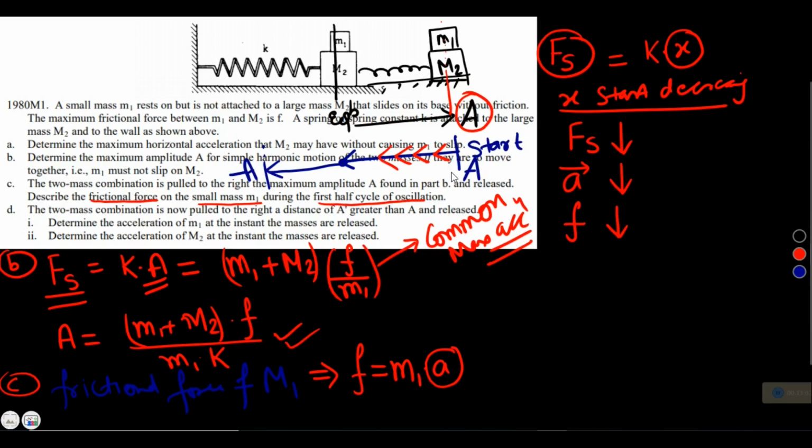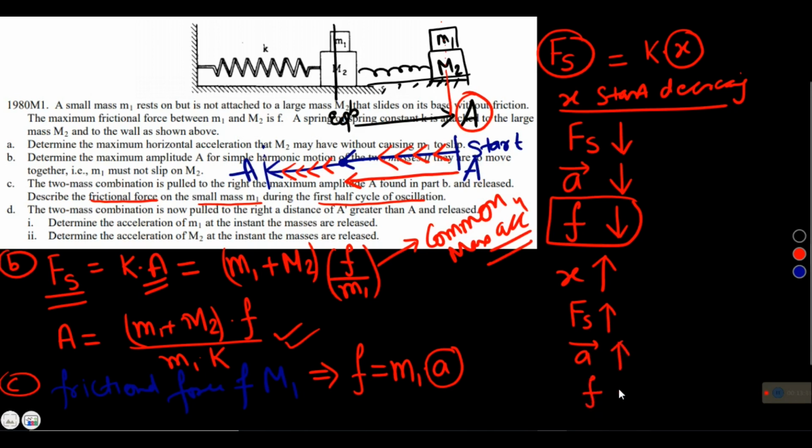As common acceleration starts decreasing, your frictional force will also start decreasing. So as you can see, during the first half cycle, as the block moves from A to its equilibrium position, its frictional force will first decrease. As it further goes away in the left direction, again X starts increasing, so Fs starts increasing, so again acceleration will start increasing.